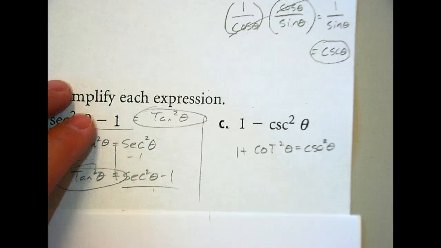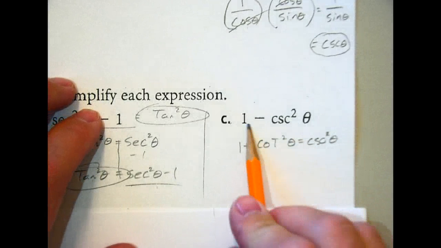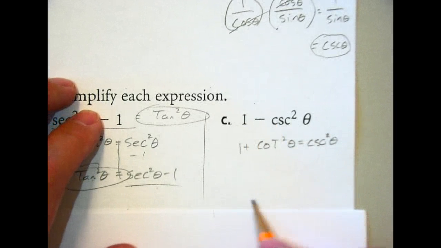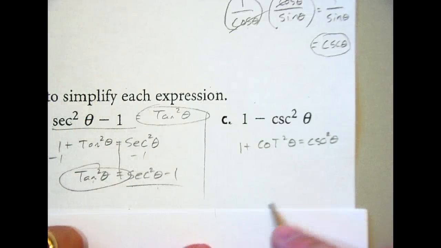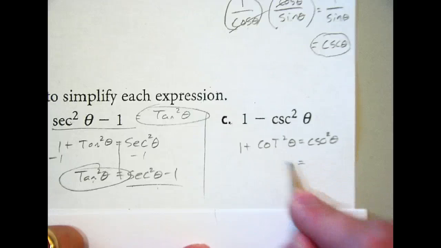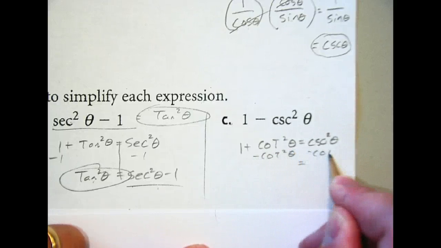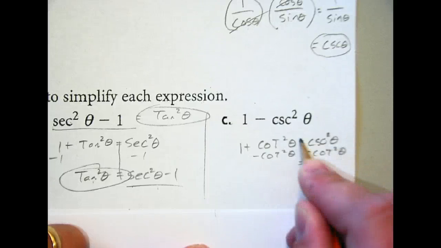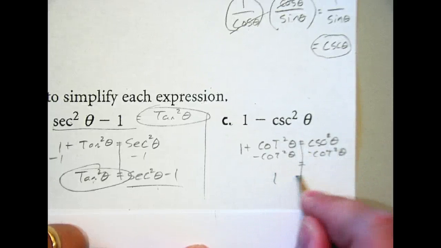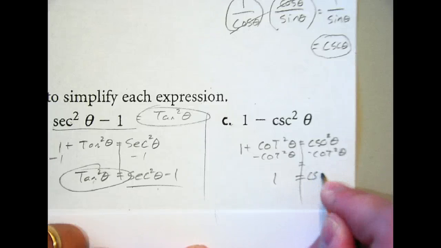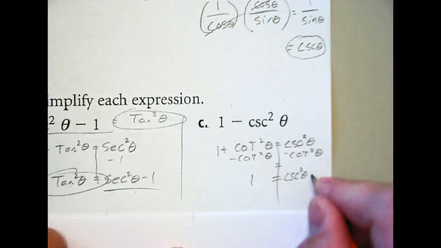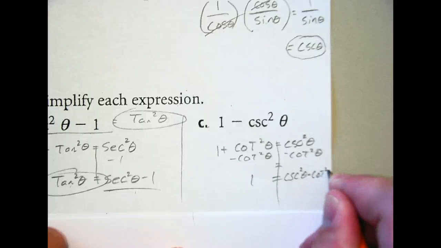All right? So this right here, if I want to manipulate it to make it look like that, go ahead, Brooks. So we're going to have to subtract cotangent squared from both sides, and then we have to subtract cosecant squared theta from both sides. Okay, so we get 1 equals cosecant squared theta minus cotangent squared theta.